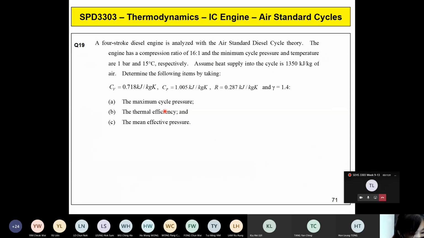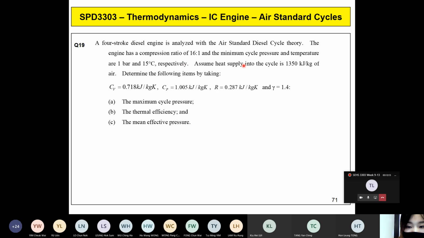Okay. This is our class tutorial. Question 19. We have a four-stroke diesel engine. We want to analyze the engine with the air standard diesel cycle theory. The engine has a compression ratio of 16, and the minimum cycle pressure and temperature are 1 bar and 15 degrees C respectively.